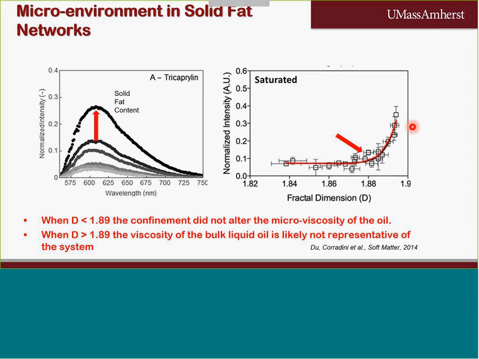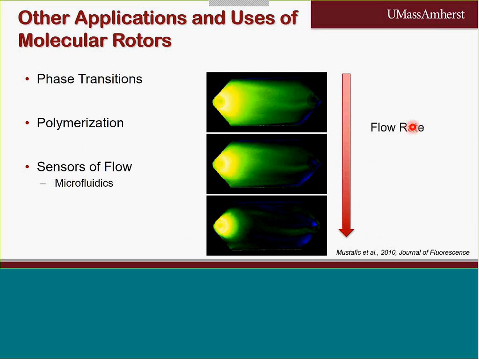Other applications and uses of molecular rotors that have been reported include the use in phase transitions, for example, volatility of gases, flow polymerization, and also as sensors of flow, which might have interesting implications in terms of fluidics, especially now that many of us are working with lab-on-a-chip devices.